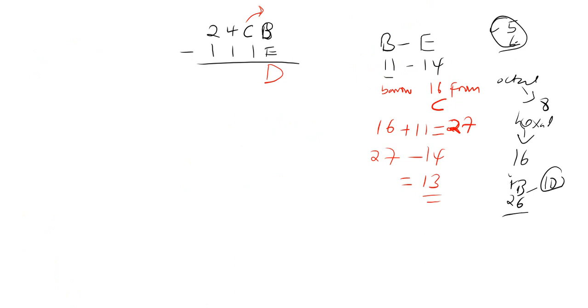For instance, if we have 81 and we subtract 26, this is normal subtraction. Here we are not considering hexadecimal or octal or binary. Here, 1 minus 6 is not possible.